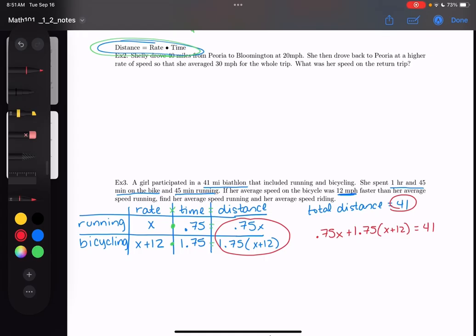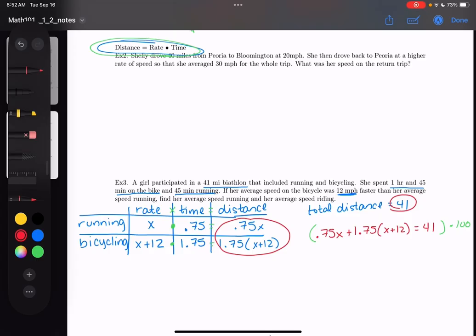If you wanted to do this one with no calculator, you could just multiply everything by 100. So if I multiply everything in here by 100, it'll get rid of all of my decimals. It's just then my numbers are kind of big, so you got to do a little bit of work there. But it's totally up to you. That's actually what I did in my notes because I like to not use the calculator.